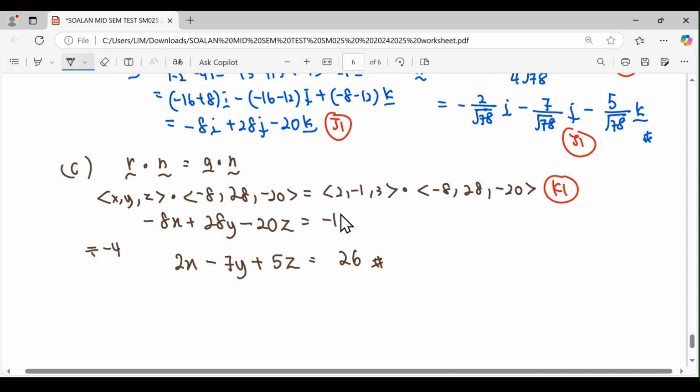It will be negative 16 minus 28 and then minus 60. So negative 8x plus 28y minus 20z equals to negative 105. Don't skip the step. Then you simplify it. This is your dot product value. Simplify the equation into the simplest form.